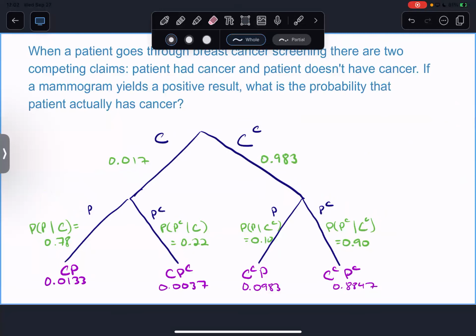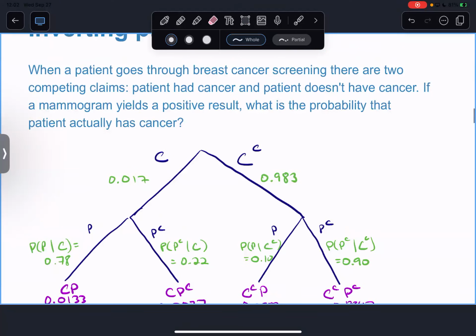Okay. First thing we need to do is figure out what this question's asking. That's kind of a big step, yeah? So if a mammogram yields a positive result, that's the same as being given that we had a positive result, right?